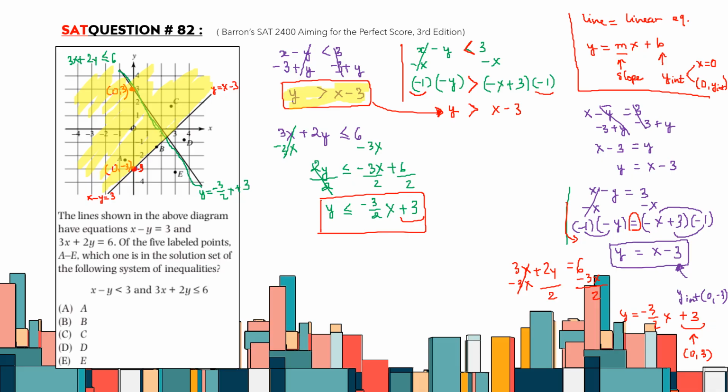So the point B right here is not inside of y greater than x minus 3, because it's on the line, so it means it's equal to the line y equals x minus 3.